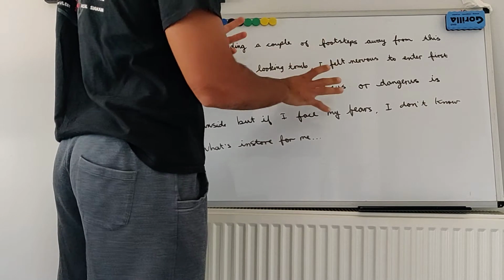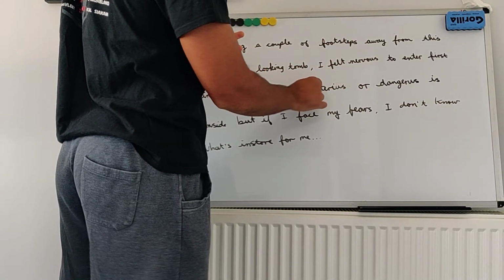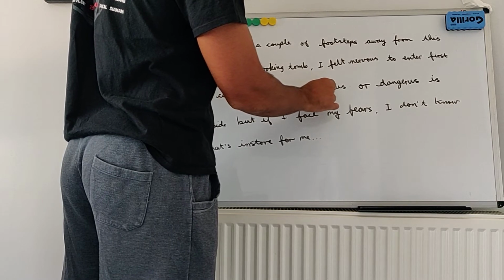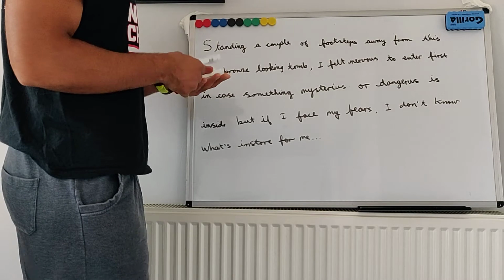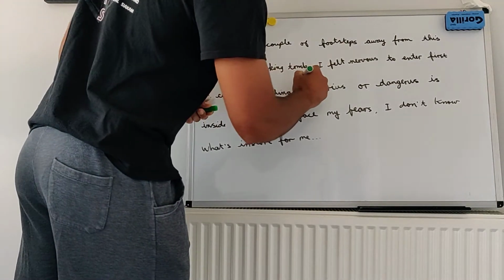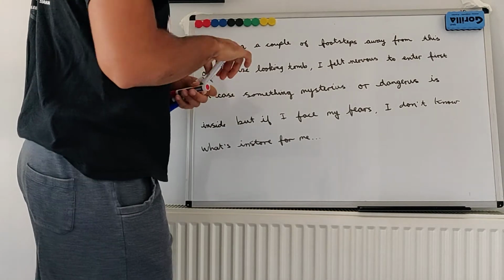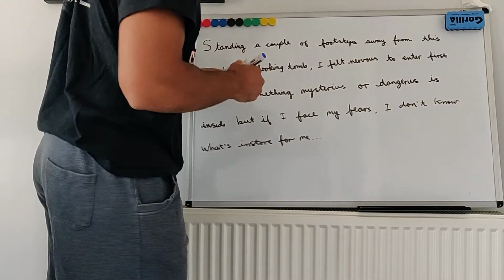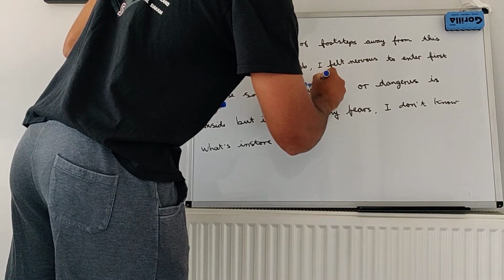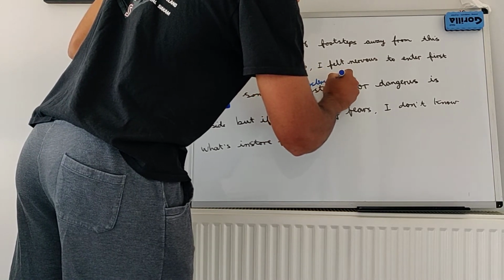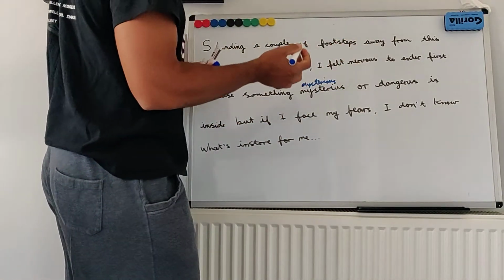So the person who wrote this text spelled it incorrectly, but obviously that is an incorrect spelling. The correct spelling, sorry, let's do it in blue, is mysterious, okay? And dangerous has the same spelling as well.